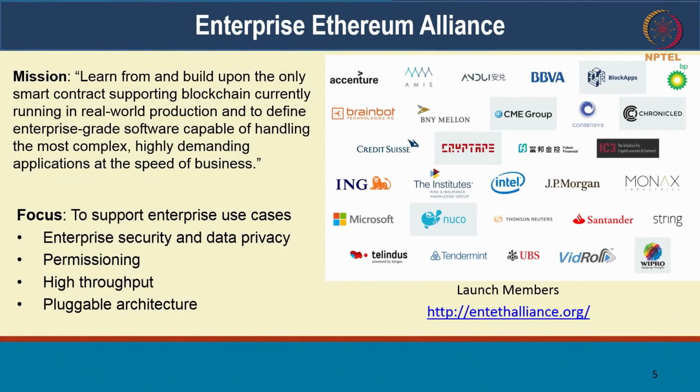So they're really trying to modify Ethereum in some way, the public Ethereum, for enterprise requirements such as security, privacy, and scale. And as you can see, there are many well-known large corporations, both technology companies as well as financial companies, that are coming together in this Ethereum alliance.